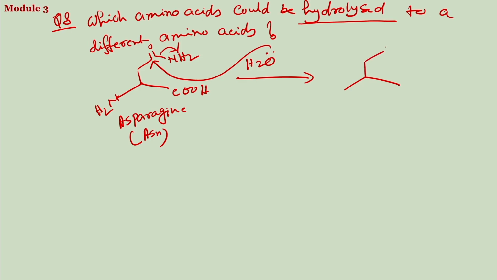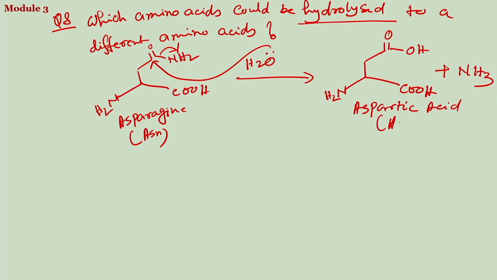So here you will get COOH, this amine would be there, plus you will release ammonia. So elimination of ammonia would be there, and this amide group would be hydrolyzed into a carboxylic acid group. Now this becomes another amino acid. This is your aspartic acid, ASP.